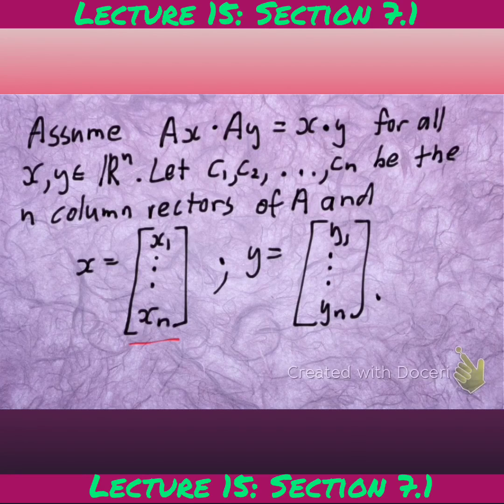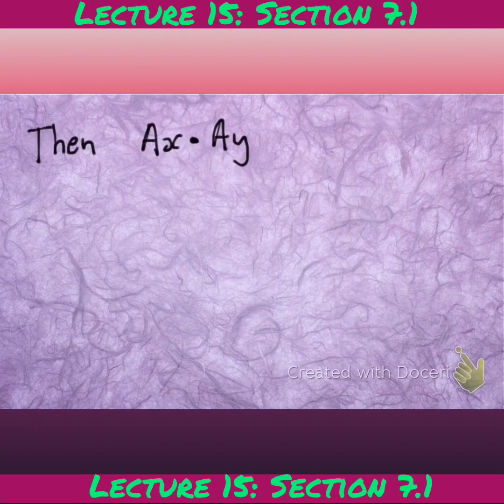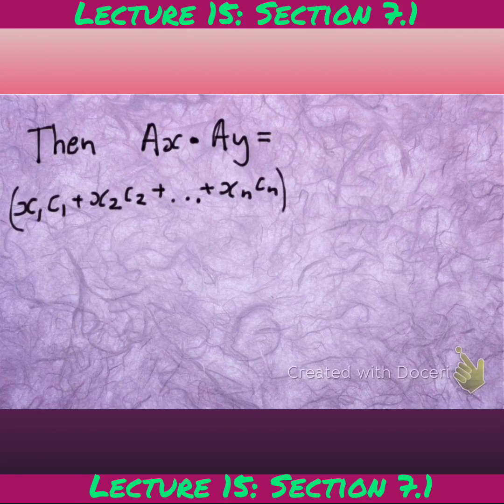and just define x as that column vector and y as that column vector, and work those two out. Ax is going to be a column vector, calculated by x1 c1 plus x2 c2 up until xn cn. That's the first vector there.